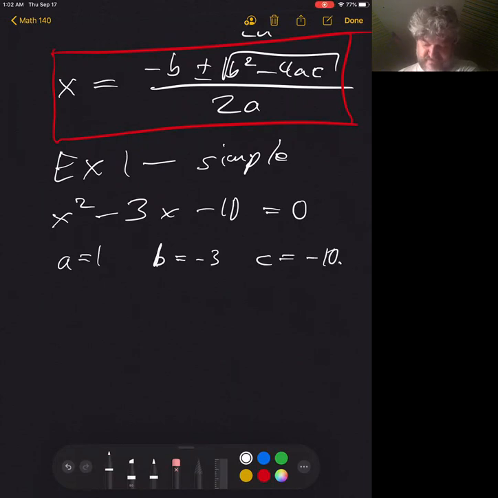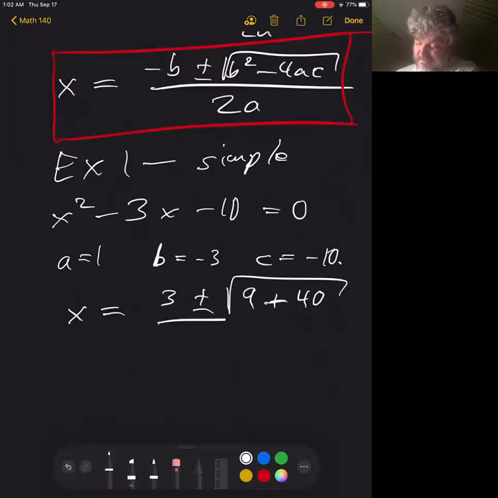We plug this into that midnight formula and we get x is -b, the opposite of b, and that is +3, plus minus square root of b squared, which is 9, minus 4ac, that's +40, divided by 2.